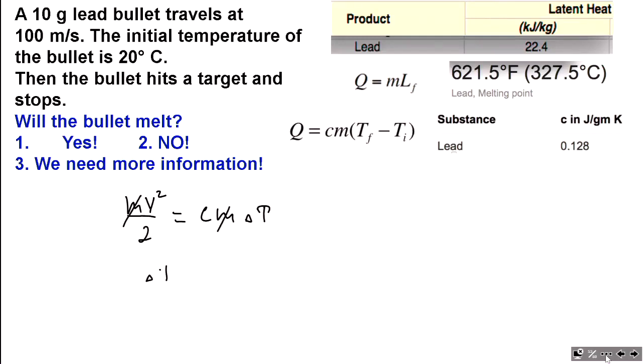And the temperature change should be equal to V squared over 2 times C, which is 100 squared over 2 times.